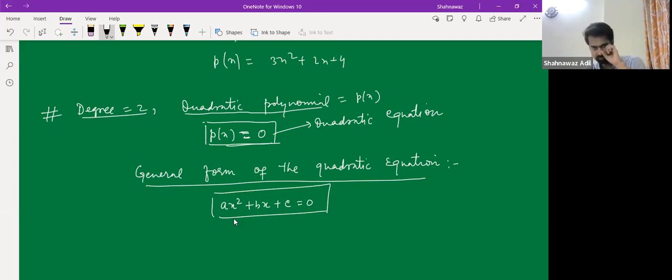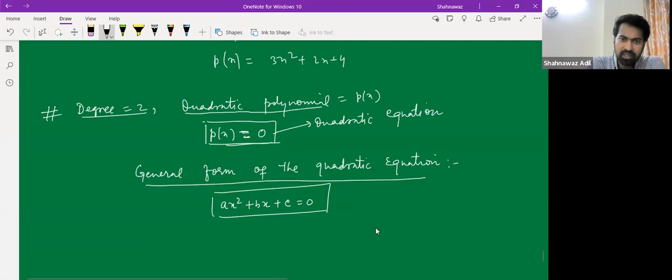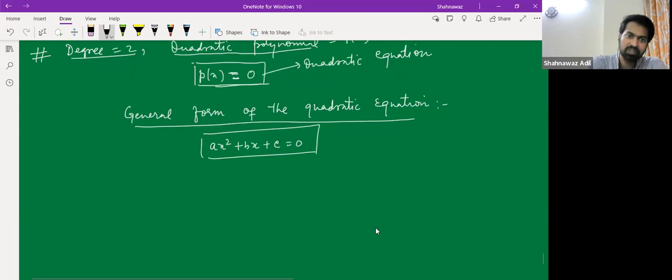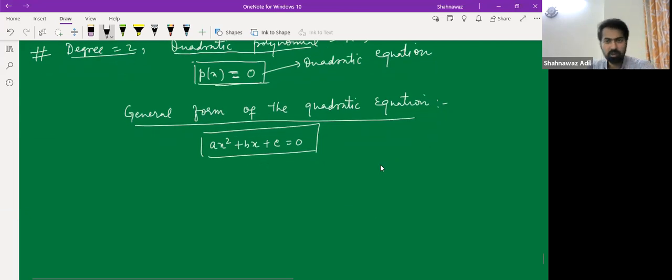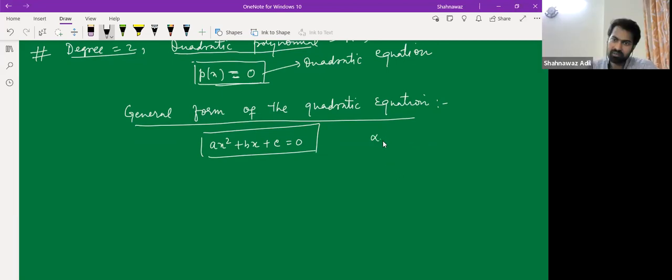How many zeros would be there for this quadratic equation? 2 zeros. So let's say that they are alpha and beta.